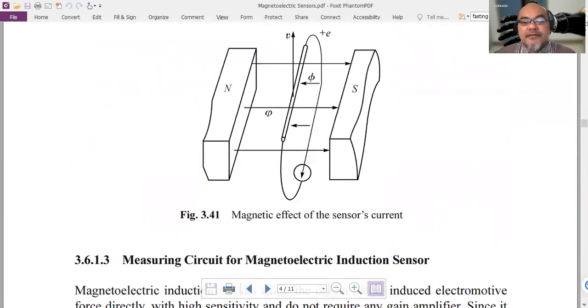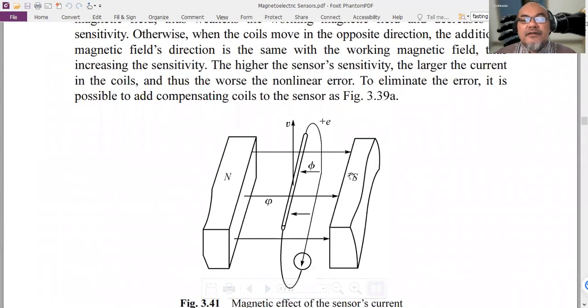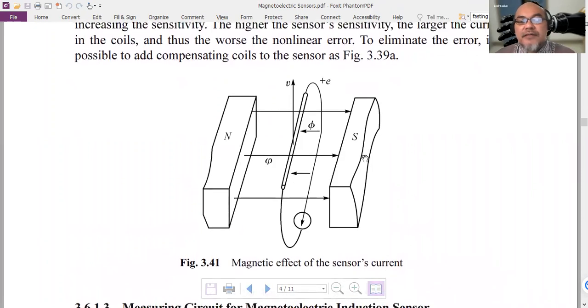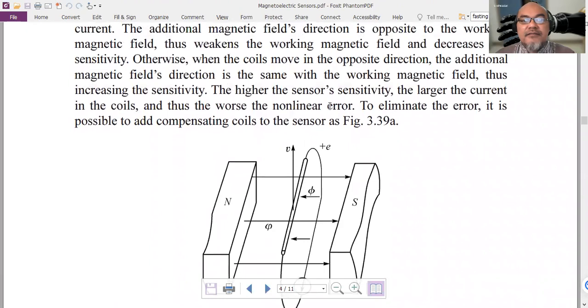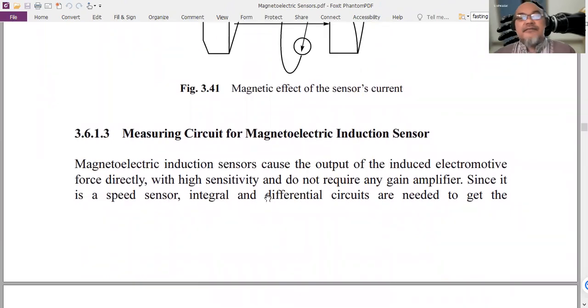Okay, so this figure shows how the magnetic effect acts on the sensor current. Basically, it shows Faraday's law.